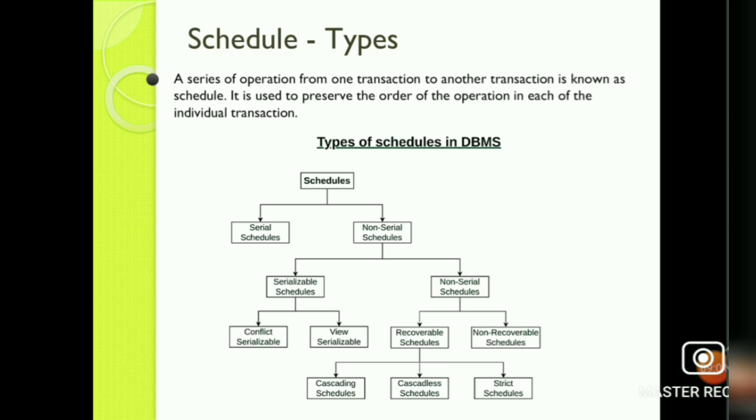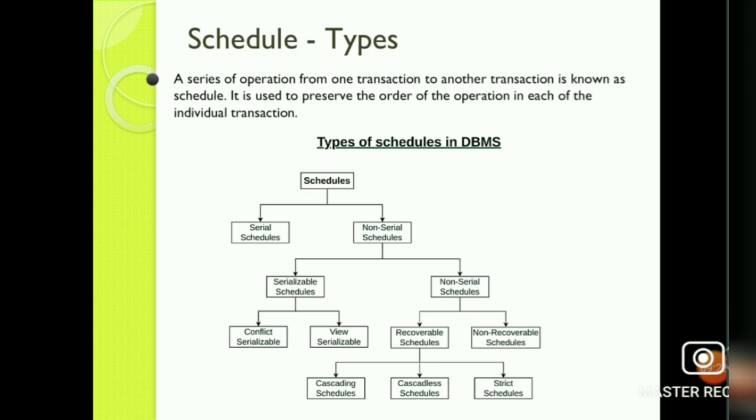Non-serial schedule can be further classified into serializable schedule and non-serializable schedule. Even though the schedule is a non-serial one, if it is serializable, then we can execute it concurrently without any problem.